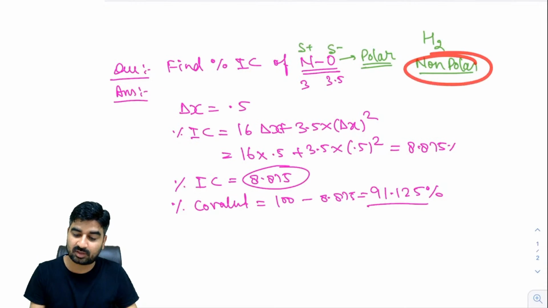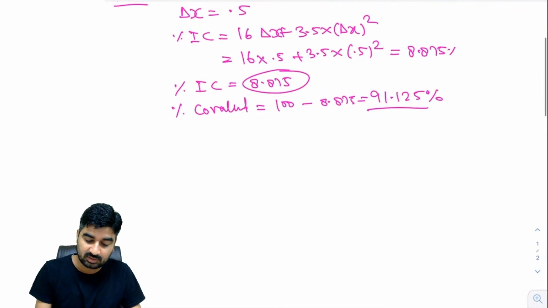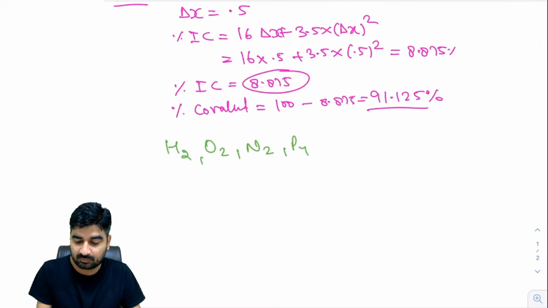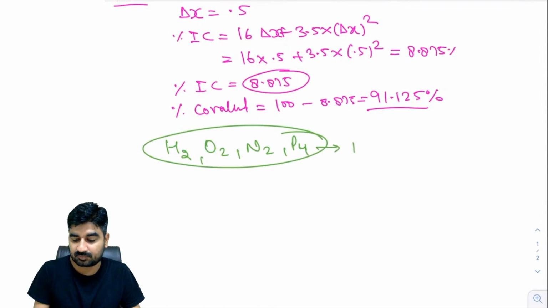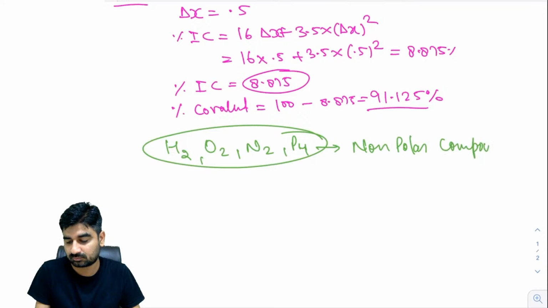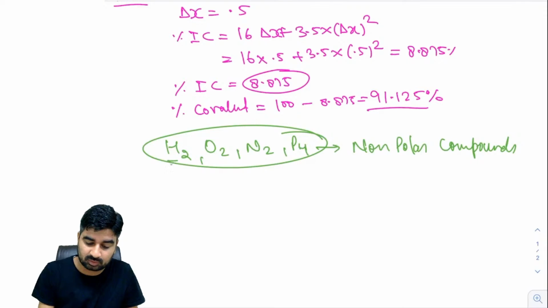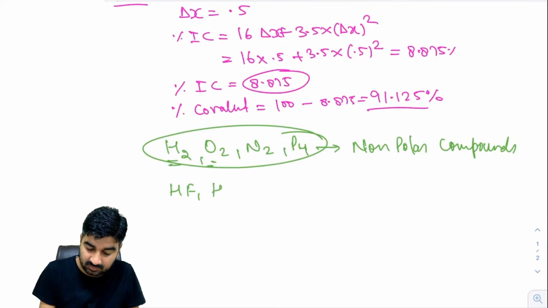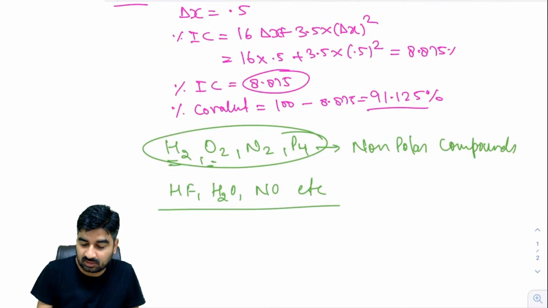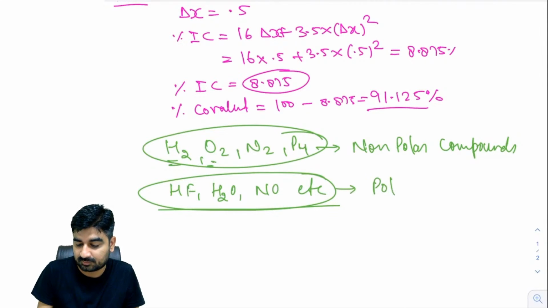So this is non-polar. Now you can find out like H2, O2, N2, P4. These are all non-polar compounds. Why? Because they have the same electronegativity of both combining elements. So no charge will be created on any atom. But HF, H2O, NO, etc. are all polar.